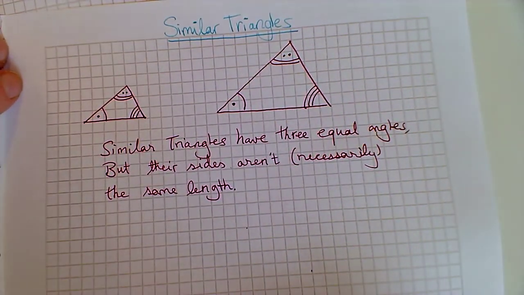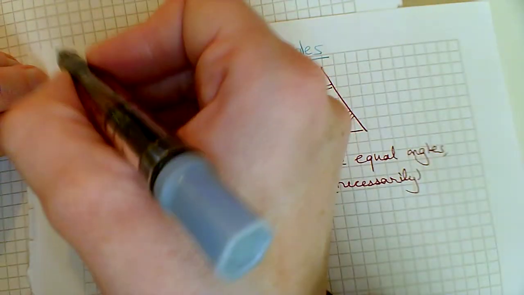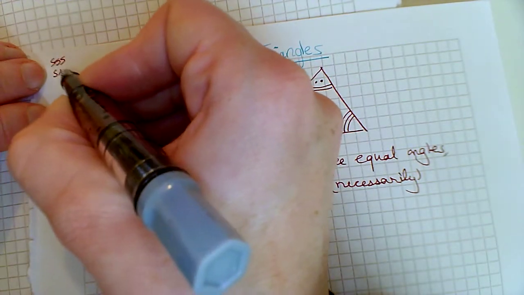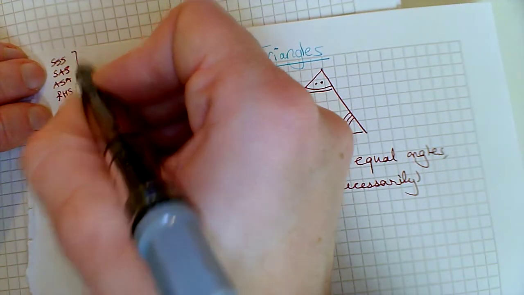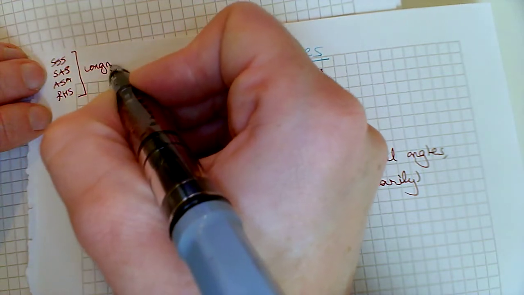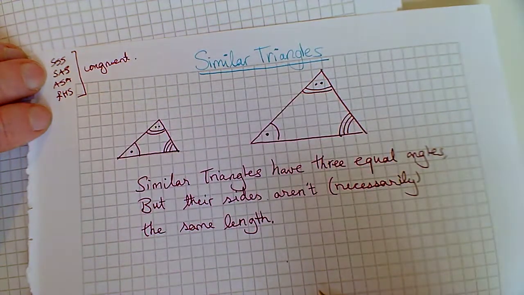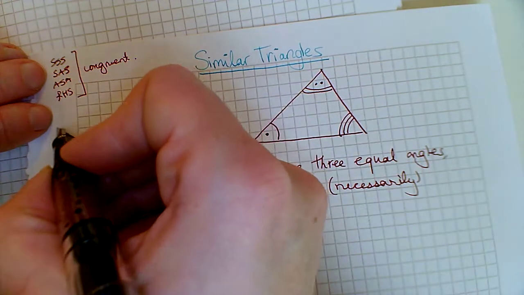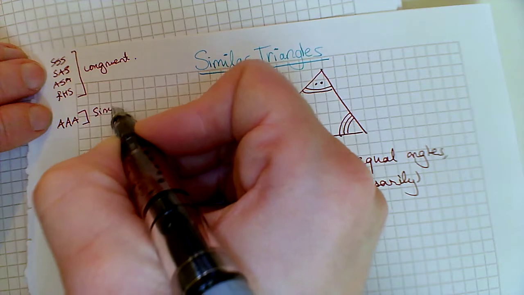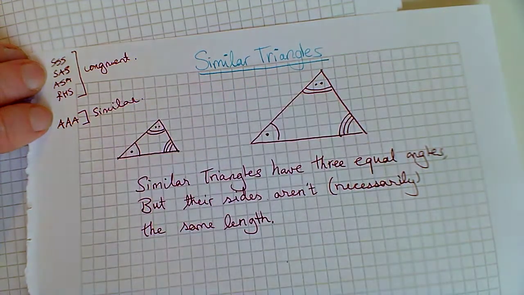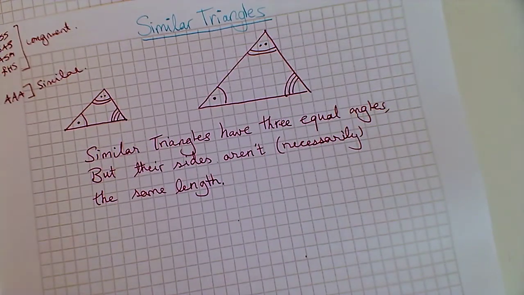So remember when we did congruent triangles, we had SSS, SAS, ASA, and RHS. Those were congruent. If we want similar, it's AAA, 3 angles together. So they're not identical. They can be different sizes, but their angles are the same.